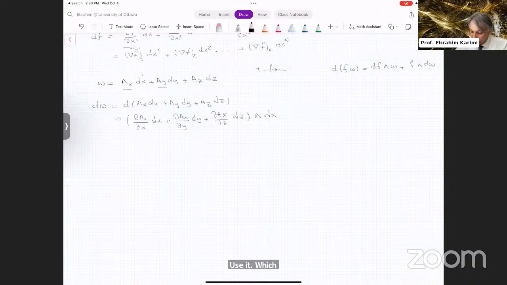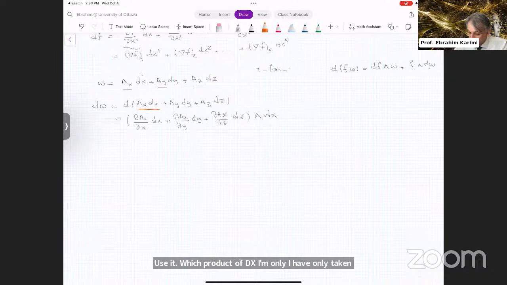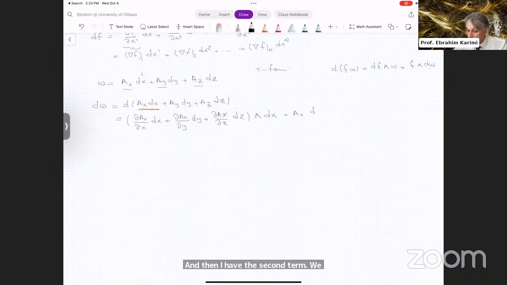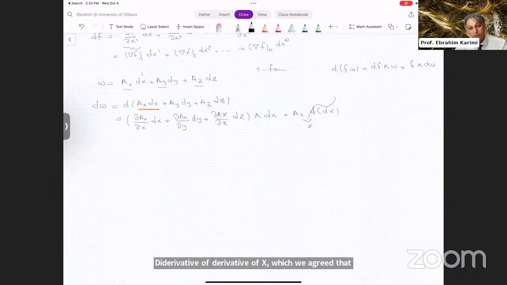I have only taken the derivative of this. Then I have the second term, which is Ax times the derivative of dx, which we agreed is equal to 0. This was coming from the Poincare lemma.